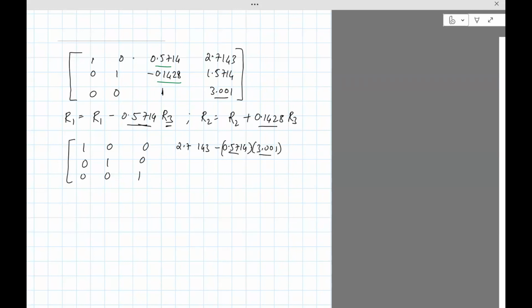And then we have 1.5714 plus 0.1428 times row 3, so 3.001. Yeah, so you can crunch those numbers.